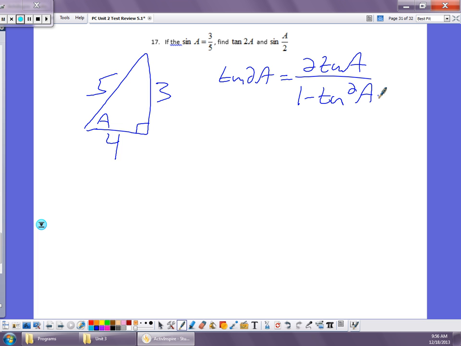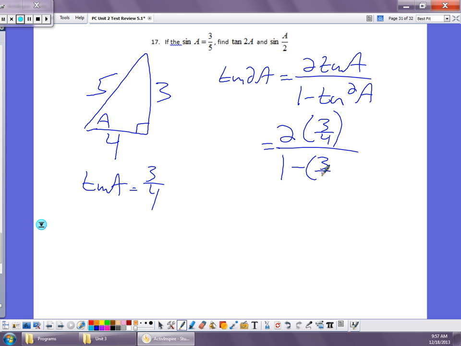Okay? So looking at this triangle, what would the tangent of A be? Opposite over adjacent, which is 3 over 4. So now we're going to replace anywhere there's tangent A with 3 over 4. It's not the tangent of 3 over 4. It is 3 over 4. A lot of you guys write tangent 3 over 4, which is wrong. And it's really frustrating. So 2 times 3 over 4 over 1 minus 3/4 squared. So now we just multiply out and simplify. So you'd get 6/4 over 1 minus 9/16.